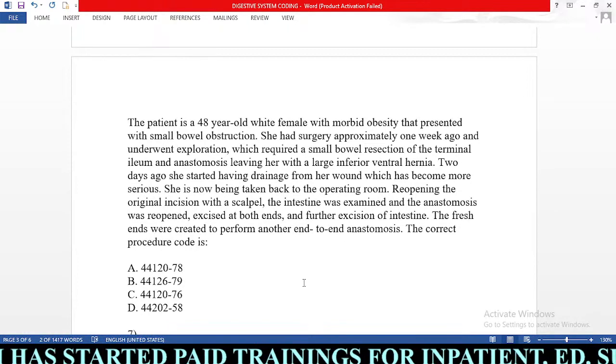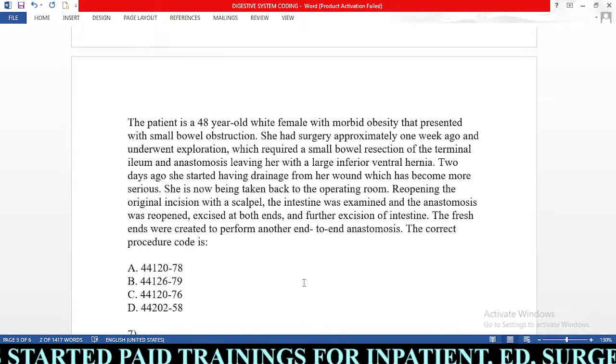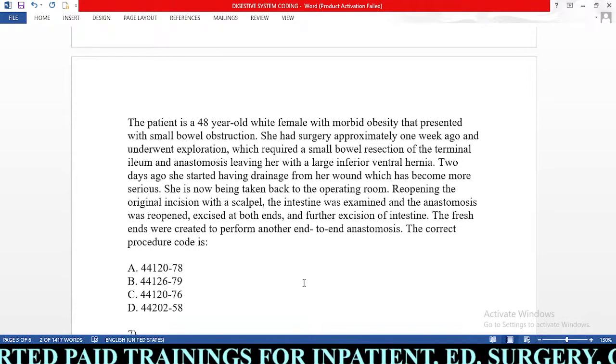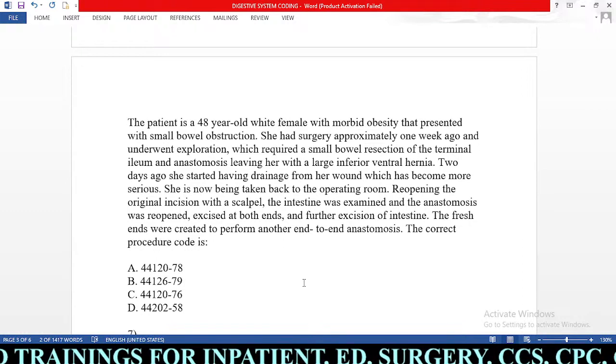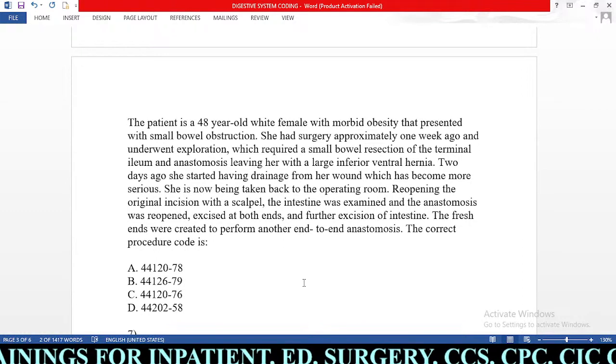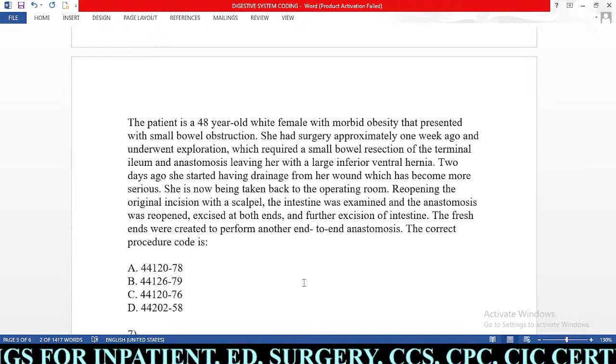So using modifiers also, you can get damn sure answers in the CPC exam. Next week we will plan modifier topics.